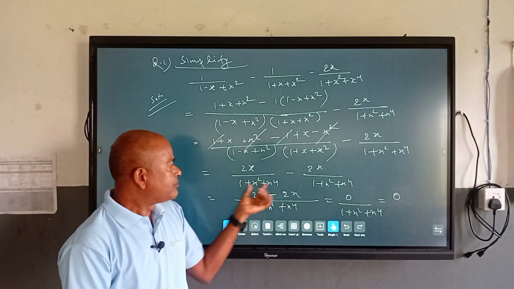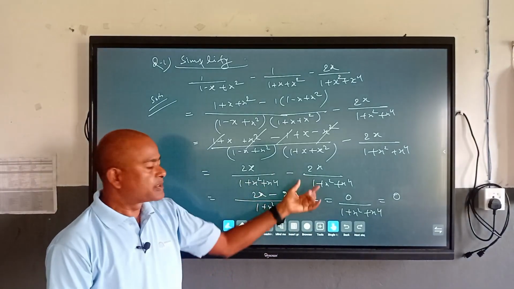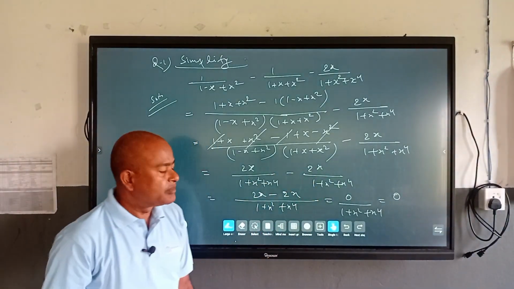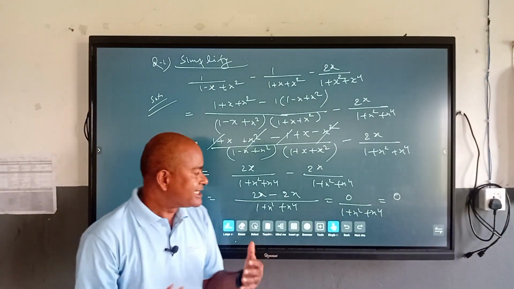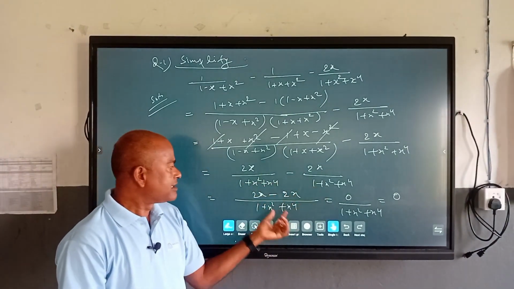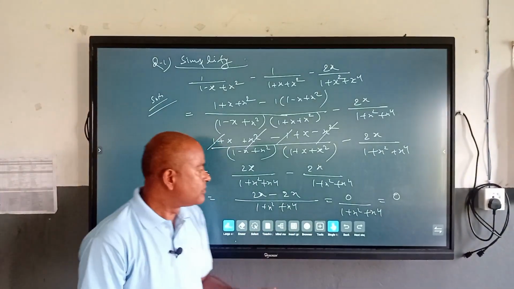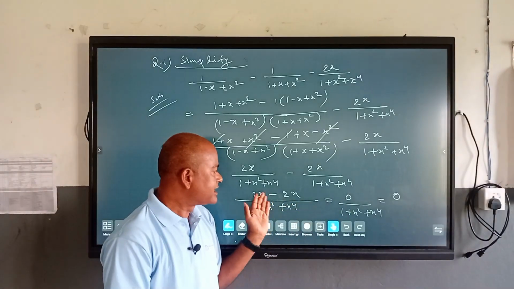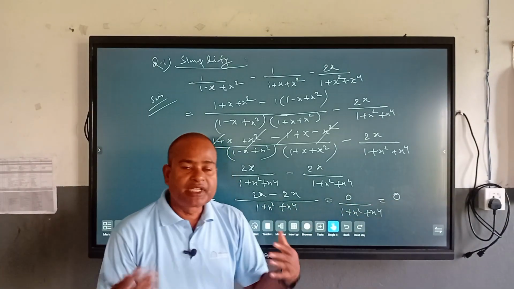Finally we take the LCM of the remaining two expressions. Both the expressions are exactly the same, so they cancel each other because one is positive and the other is negative. The LCM is 1 plus x square plus x power 4. So 2x minus 2x is equal to 0. 0 over something, we get 0.